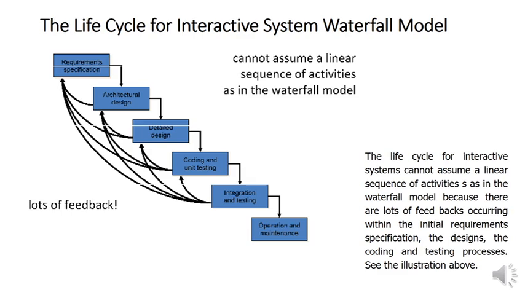The life cycle for interactive systems cannot assume a linear sequence of activities as in the waterfall model, because there is a lot of feedback occurring within the initial requirement specification, the design, the coding, and testing process. See the illustration above.